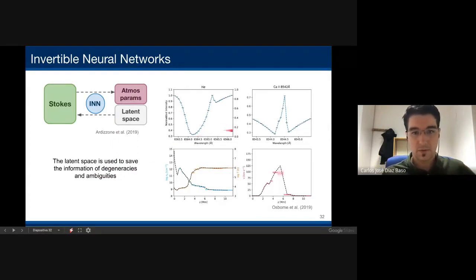So you probably remember this plot because he gave a talk here in this colloquium some months ago, and he was showing that he was able not only to infer the quantities, but also to give the uncertainty of these quantities.